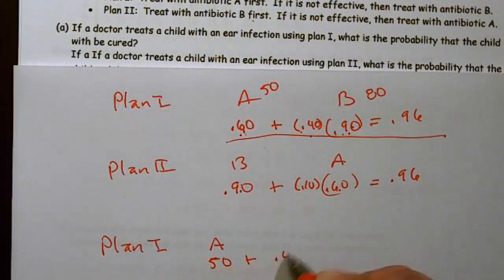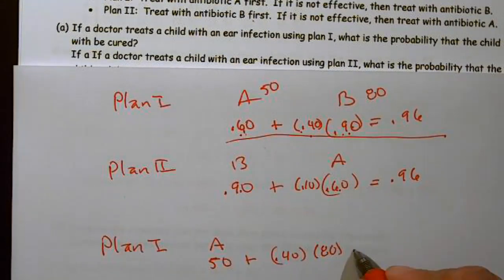But 40% of the time it doesn't work, and I'm going to have to spend $80. And if I do that, I end up getting $82. And really, I should be writing the sentence: on average, or in the long run, we'd expect to spend $82 if we were going with Plan 1.